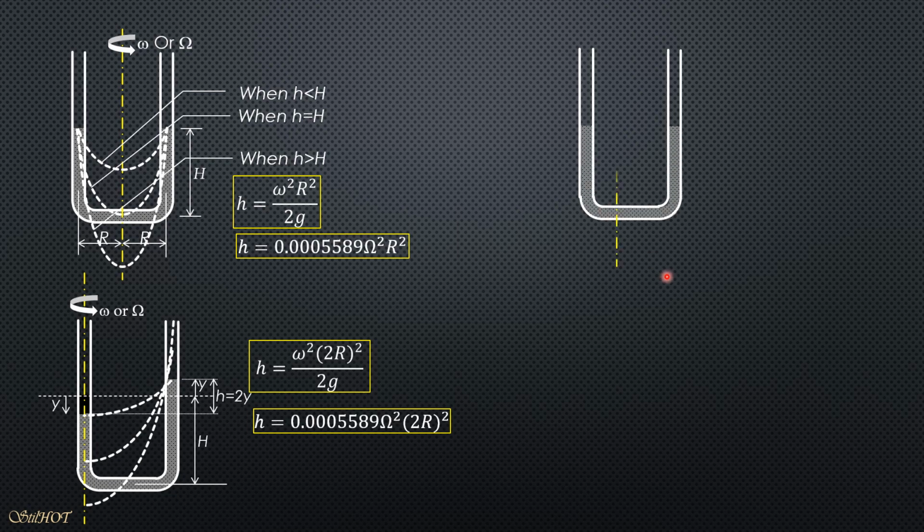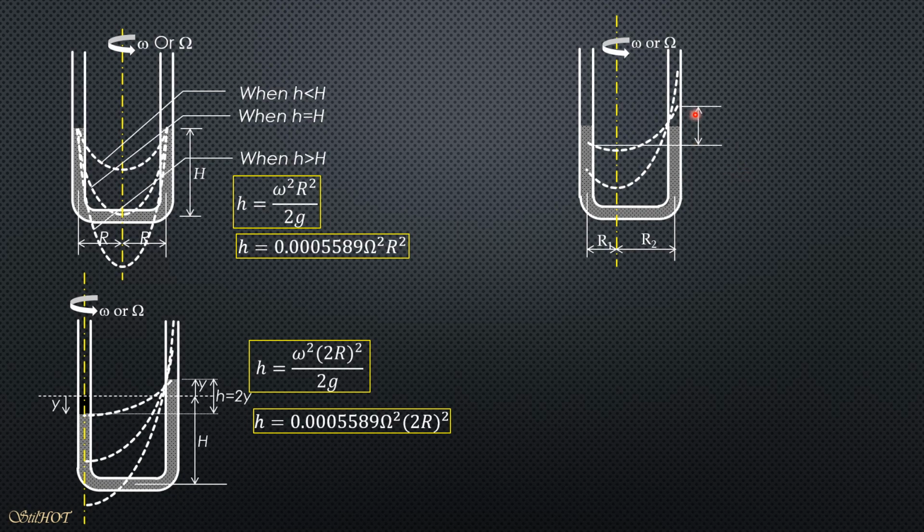Then for this situation where the axis of rotation is not through the center, we have distances R1 and R2. This will be the possible surface. Take note that this is h1 and we have h2, so the vertical distance between the ends of the surface can be established.